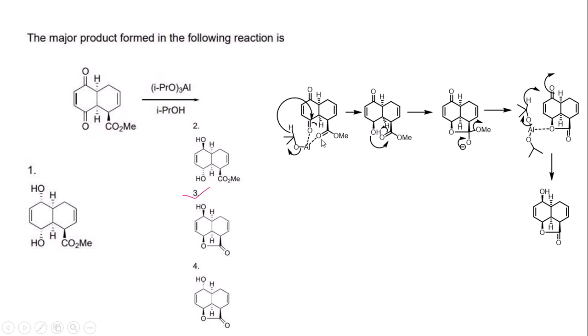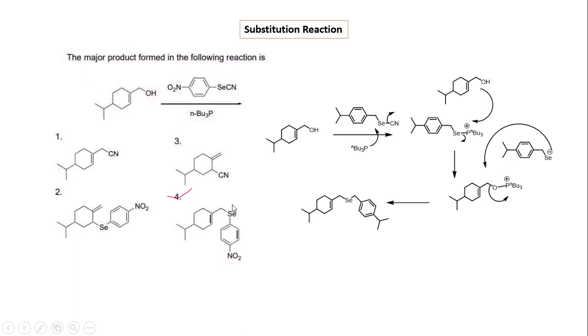Here the ester group is coordinated with that of the aluminum isopropoxide, and the hydride comes from the back side, and hence the OH group comes to the top side, and after the OH group formation, it can undergo easily enolization to give the enol intermediate, and this enol intermediate is present in the upside, and hence the aluminum is coordinated in the downside, and the hydride is transferred from the back side, and you get the cis hydroxy product. So option 3 is the correct.